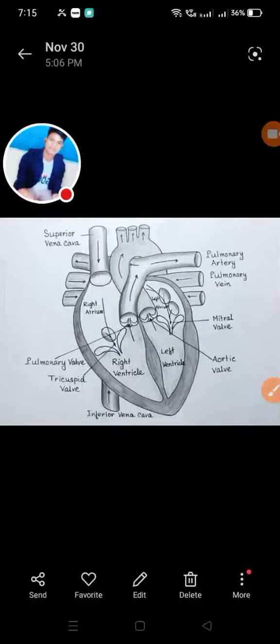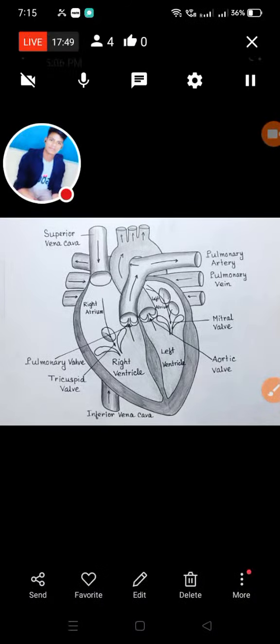Okay. So this is a very important question. Just note it down. In our body, arteries always carry the oxygenated blood, and veins always carry the deoxygenated blood.